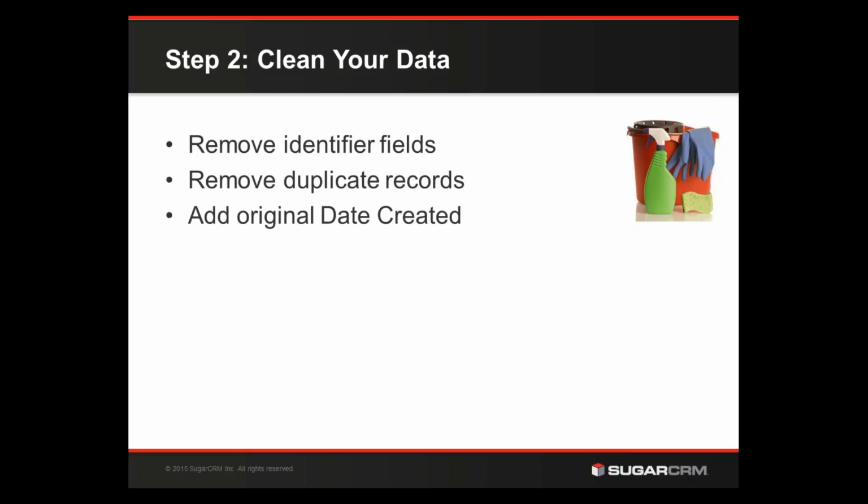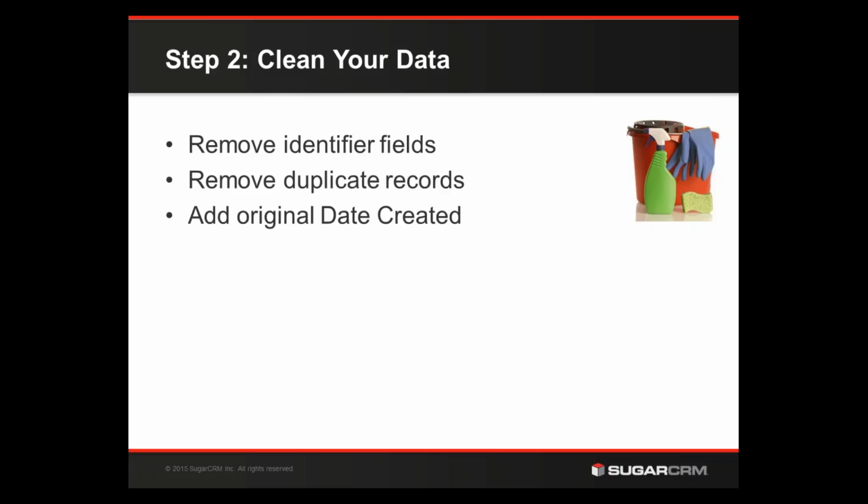Let me say it this way. If you need to have the original date created on your record, then you need to create a new field in Sugar that says original date created or something like that, because the date created in Sugar is going to be the date that you imported it, all right?